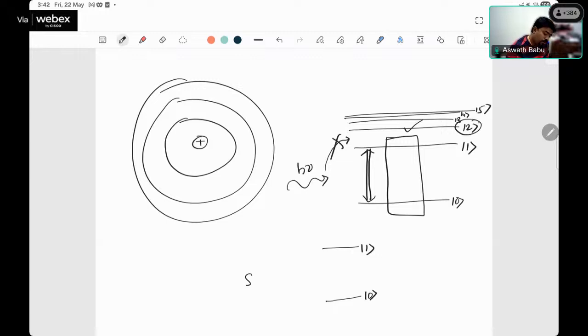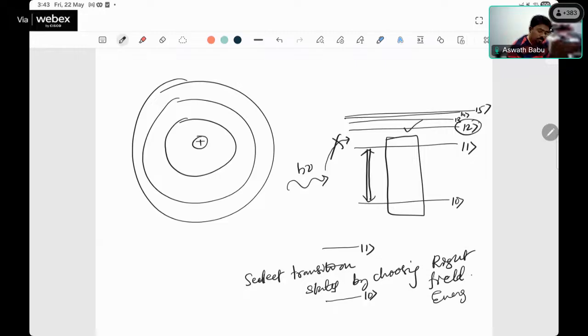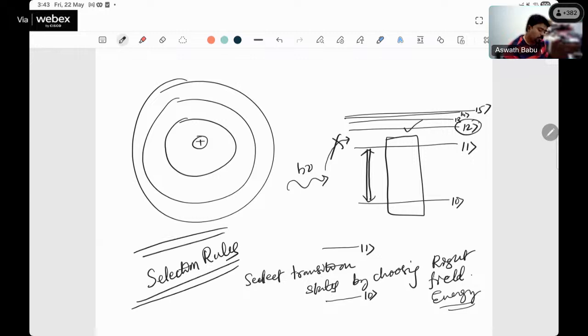So in that way we select the transition states simply by choosing the right field or field energy, you can say. Okay, so with the right field energy you choose whatever required states. This is also called selection rules, theory wise. Okay, so the incoming field will dictate what are the two states to come into the picture.